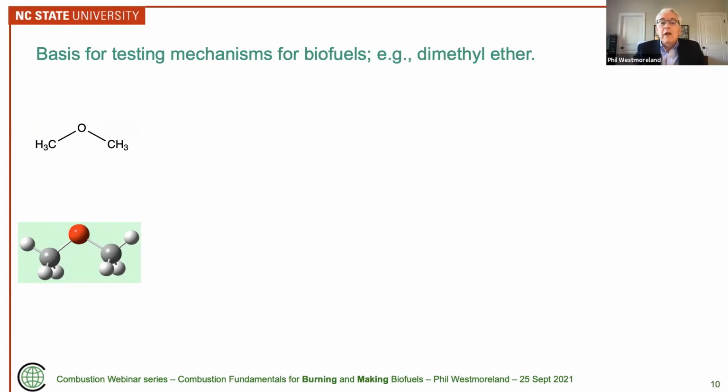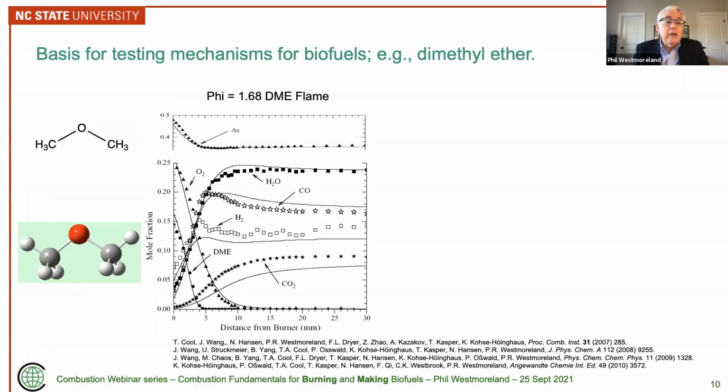Nevertheless, we're doing dimethyl ether with a near stoichiometric and a rich flame. I'll show you here the data for major species from a 1.68 equivalence ratio dimethyl ether flame, diluted about 50% by argon. The top reference is the one this came from, the 2006 Combustion Symposium.